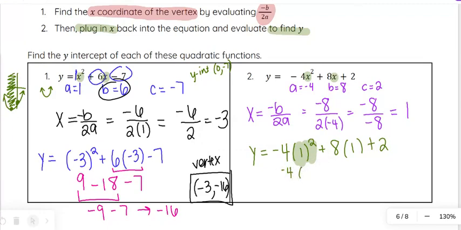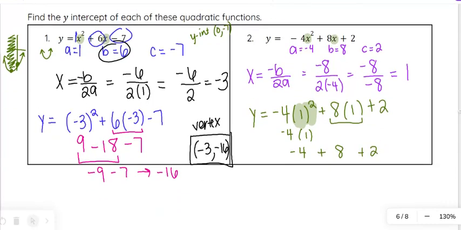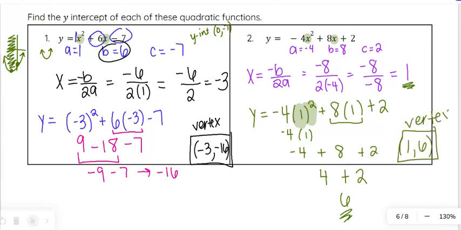So we have -4 times 1, which is just -4. Then we can do 8 times 1, which is 8, and then we still have plus 2. So -4 plus 8 is 4, plus 2 is 6. So our ordered pair is going to be the 1 and the 6 put together. (1, 6) is our vertex of this graph.